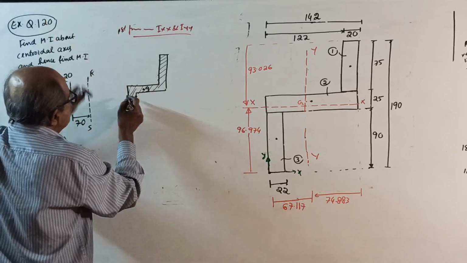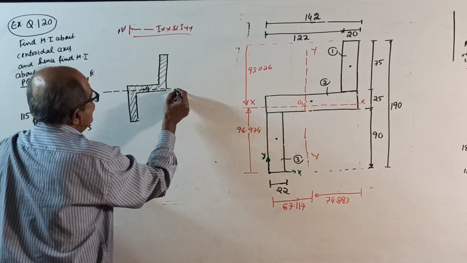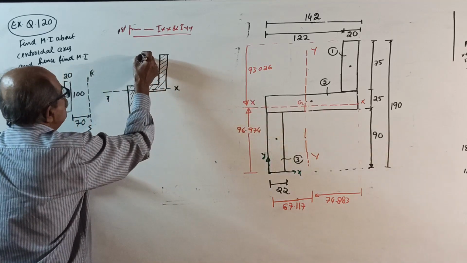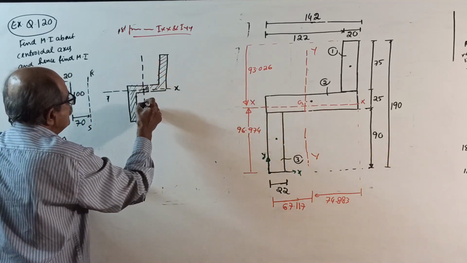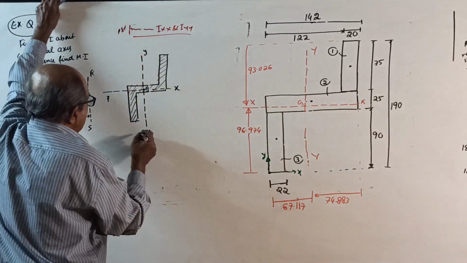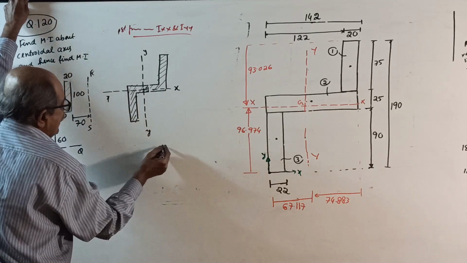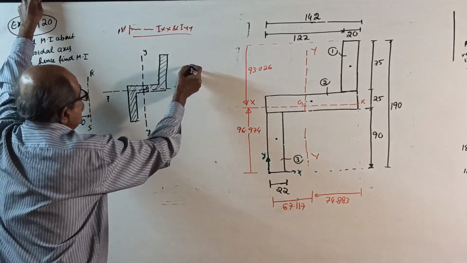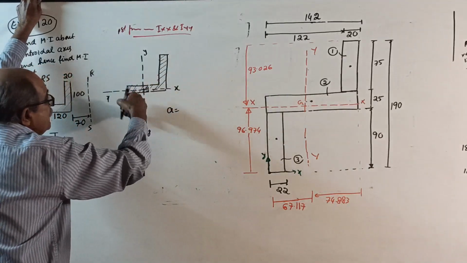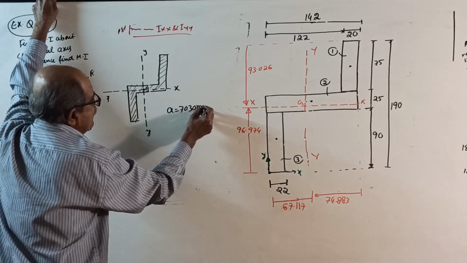Now through this draw the x-x axis, its own centroidal axis. This you call small x-x, nothing but this x-x. Through this draw y-y, small y-y, because now you are considering this as one part. For this complete area, it is 7030 mm square.